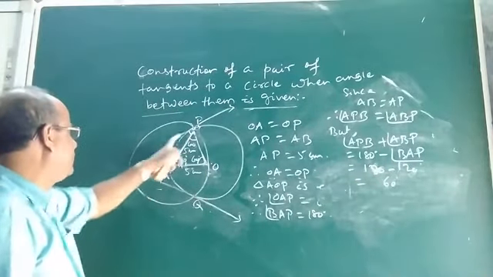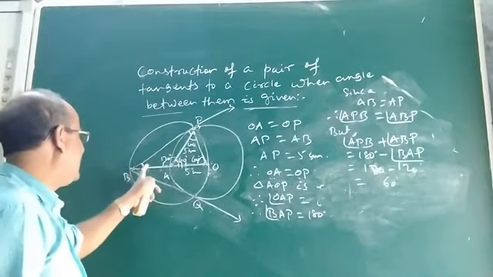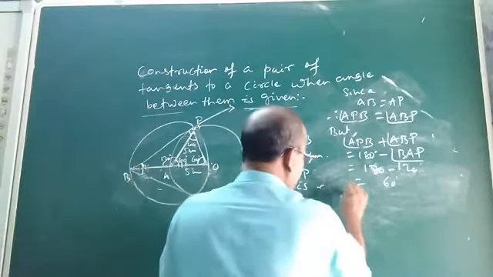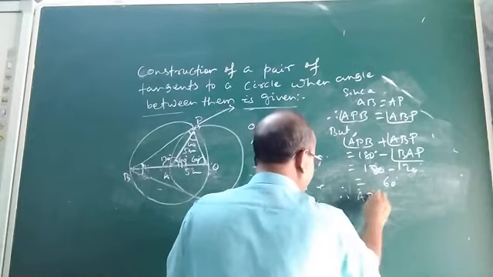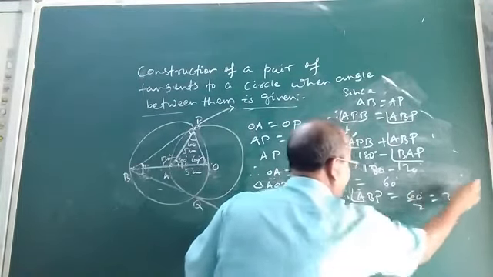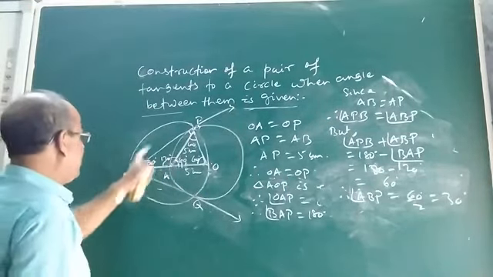The sum of these two will be 60 degree. So therefore angle ABP will be 60 degree by 2, that is 30 degree. Angle ABP is 30 degree.